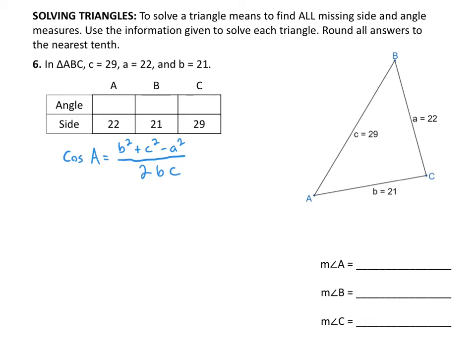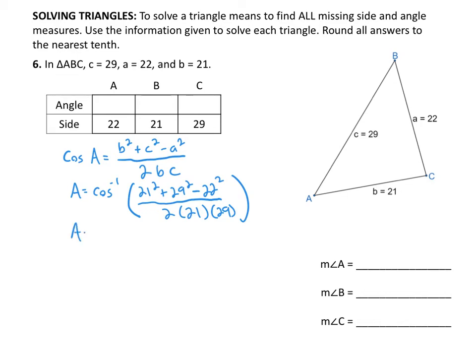So the arc cosine of 21 squared plus 29 squared minus 22 squared, all of that quantity divided by 2 times 21 times 29. This looks like a job for my calculator. I put it all in, and I get A is approximately 49.067. Rounded to the nearest tenth, that would be 49.1, and it's in degrees.